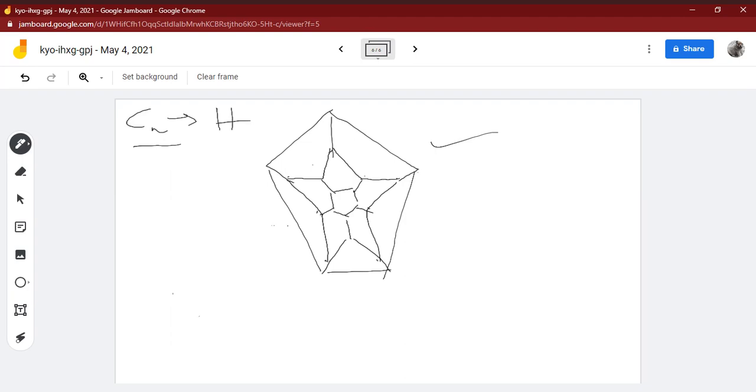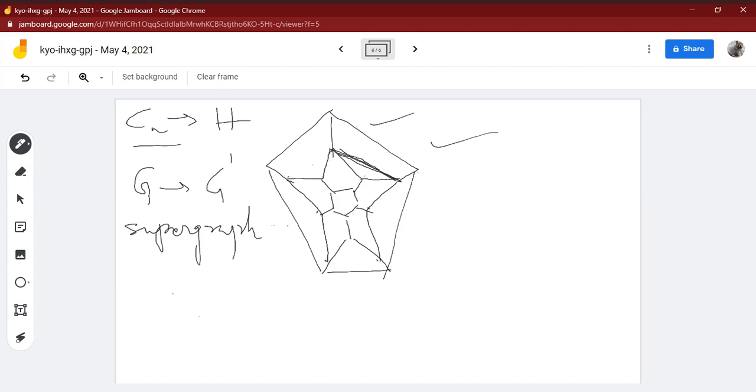Moreover, suppose G is a Hamiltonian graph and G dash is a supergraph. Supergraph means by adding one new edge between vertices of G. Likewise, in this dodecahedron graph you can see that these two vertices are not joined, and if you join them, this becomes a supergraph of G. Is that clear?